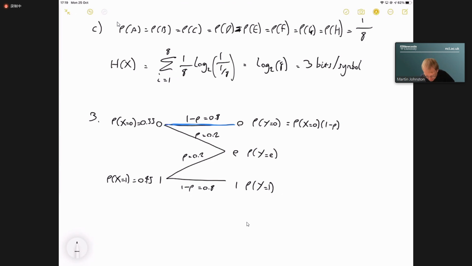That's it. So it will be 0.55 times 0.8, which is 0.44.